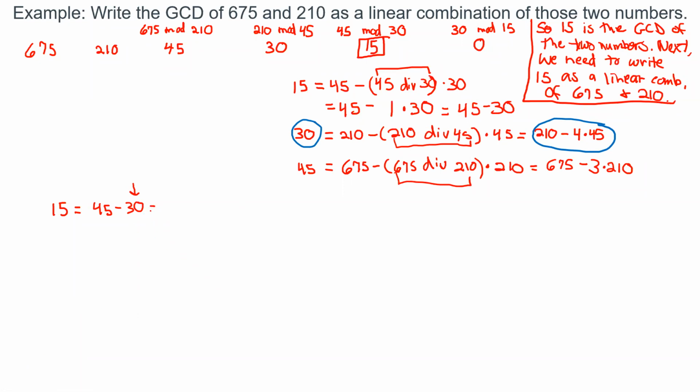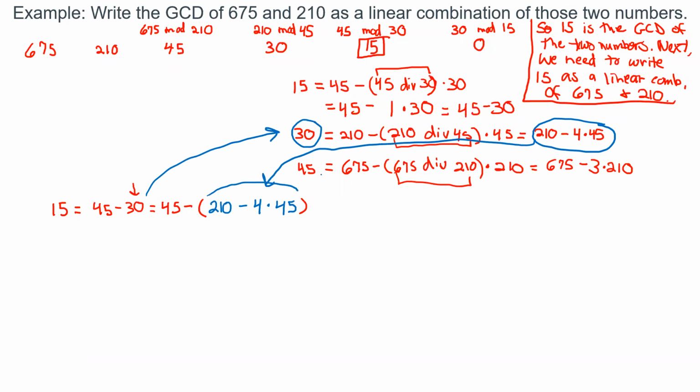So I'm going to say equals 45 minus, okay, now I'm going to put that in there, 210 minus 4 times 45. So all I've done is replaced, since 30 is equal to 210 minus 4 times 45, I've just replaced 30 by all of that. Does everybody see how I got that?